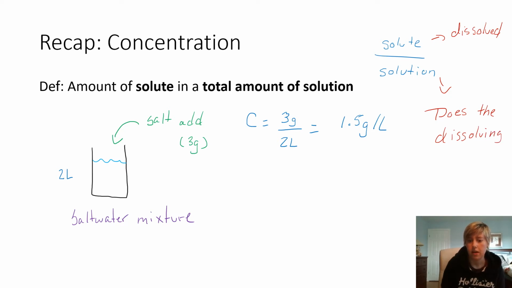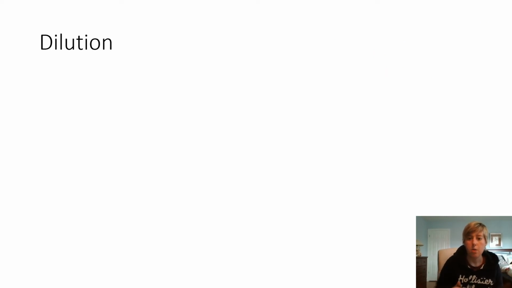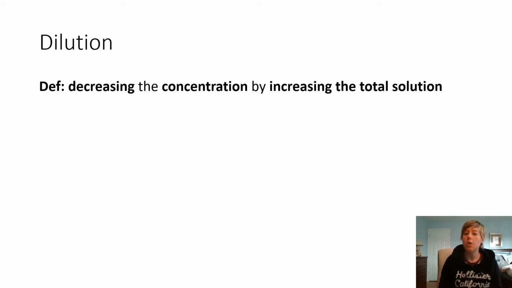So my equation for concentration is really the amount of solute that I have divided by my total amount of solution. Now, dilution is a little bit different than that. When I'm looking at dilution, I'm looking at how much I'm decreasing my total concentration by increasing my solution.